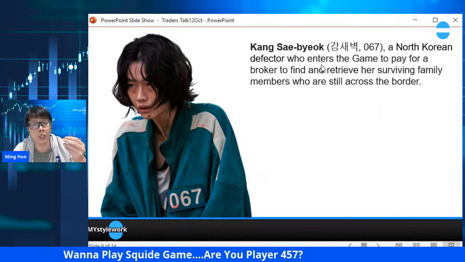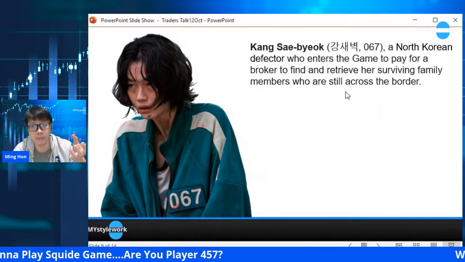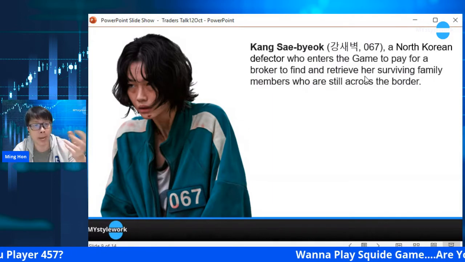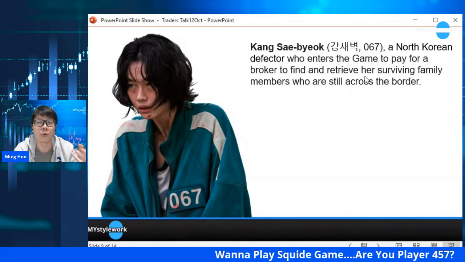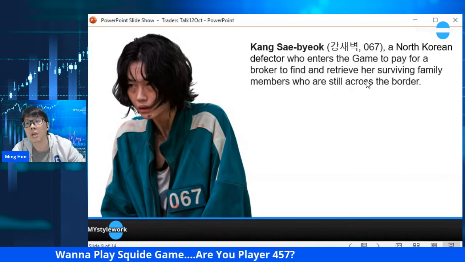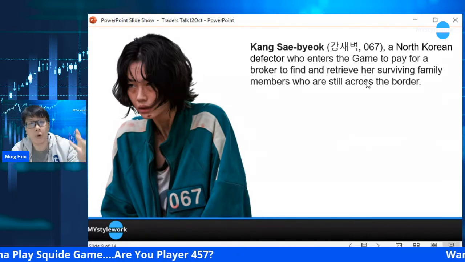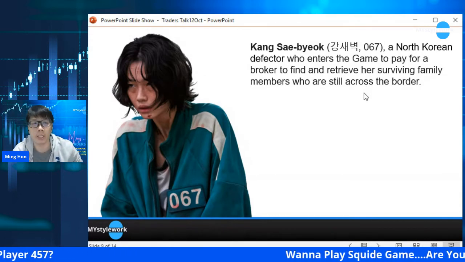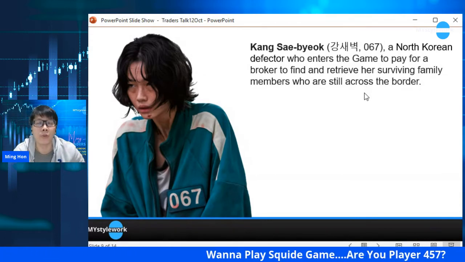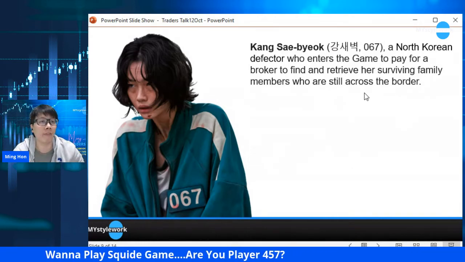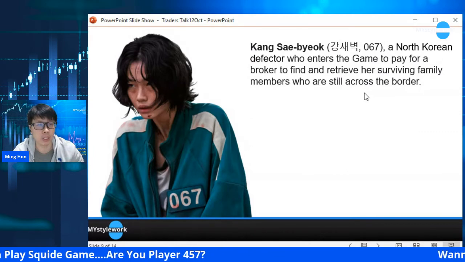The reason why she entered the game was to make money to pay a broker to find her surviving family members in North Korea. So a lot of these kinds of things are also apparent in the real world, where you really need some money to pay for something which is important to you.